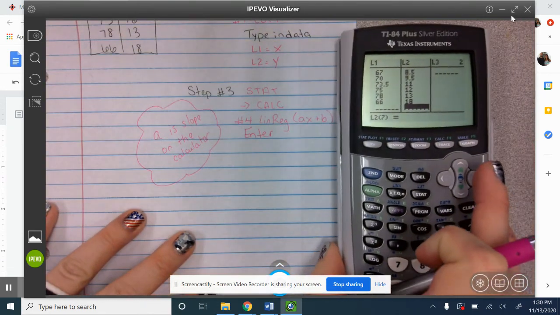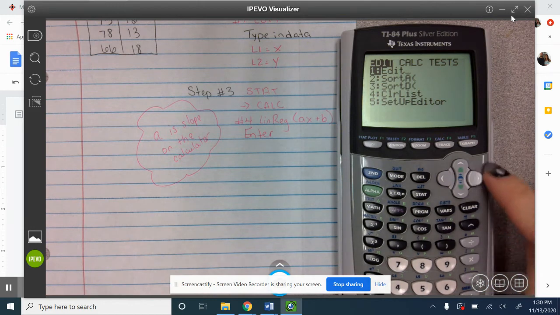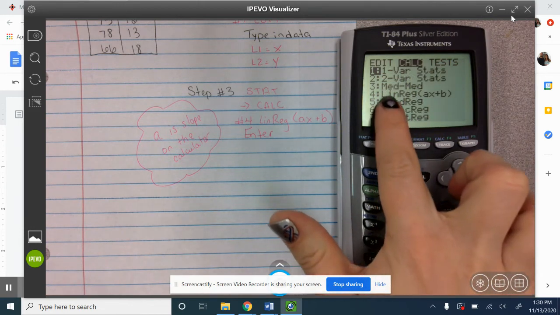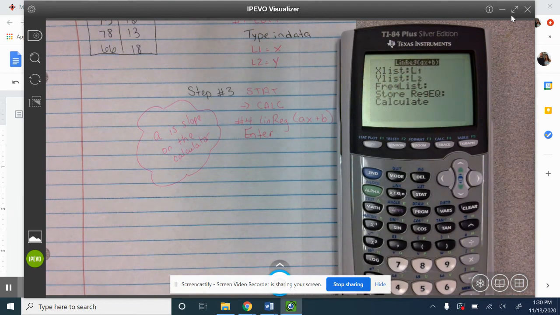So when I go through this and I go to Stat and I go over to Calc, I want to hit number 4 because it says Lin Reg. When I get this screen pulled up, I'm just going to hit enter, enter, enter. When I get down to calculate, I'm going to hit enter one more time. And this is what's going to come up on my screen.